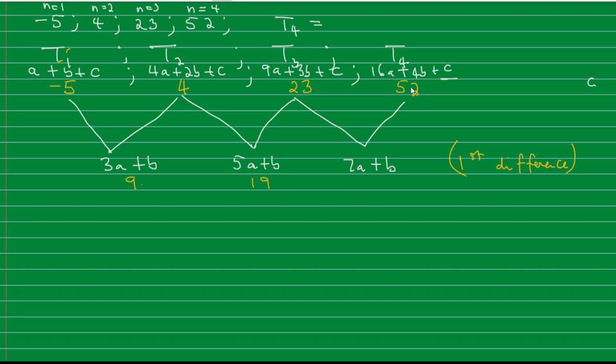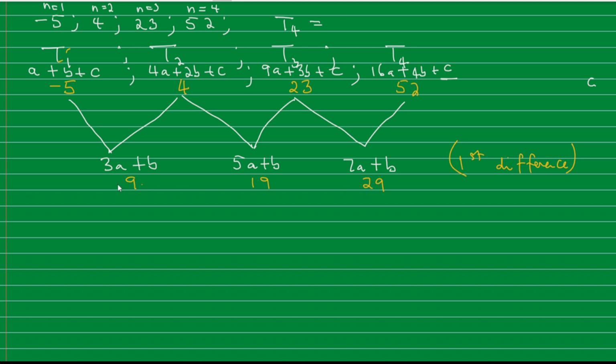And 52 subtract 23, that will be a 29. So now the 7a plus b is representing this number 29. I hope you are following me there.